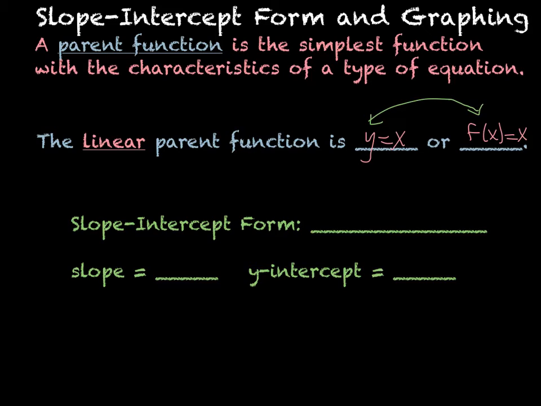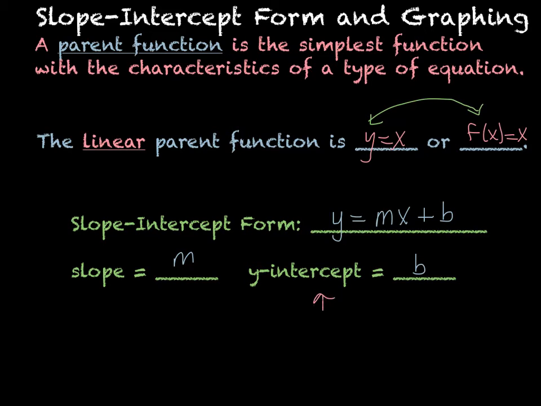Now, slope-intercept form is always going to be written as y equals m times x plus b, where my slope, which we talked about as rate of change, is m, and my y-intercept is b. Now, what does this mean?